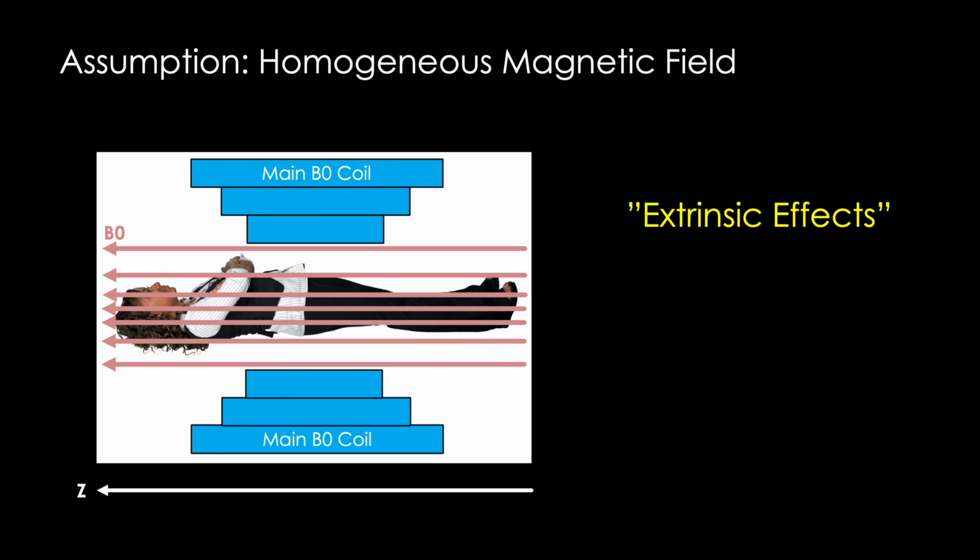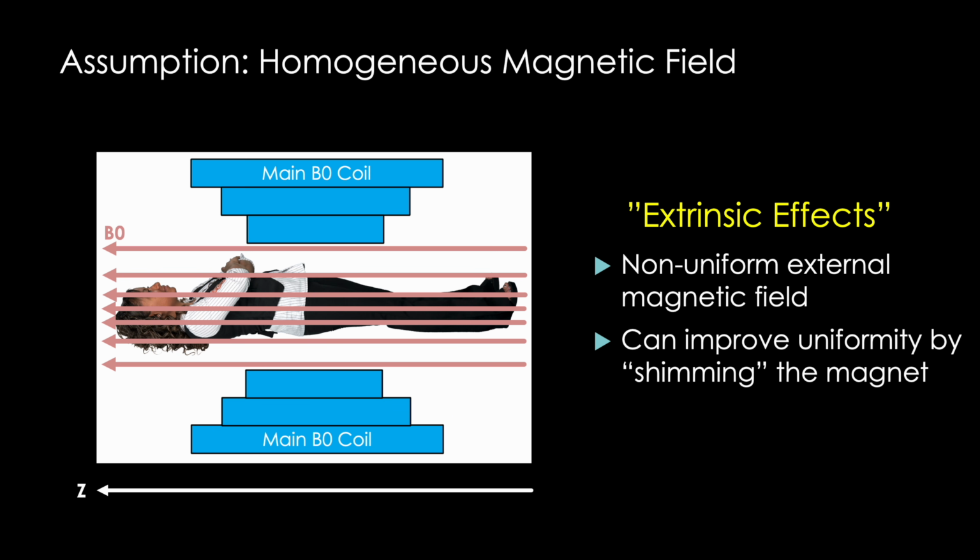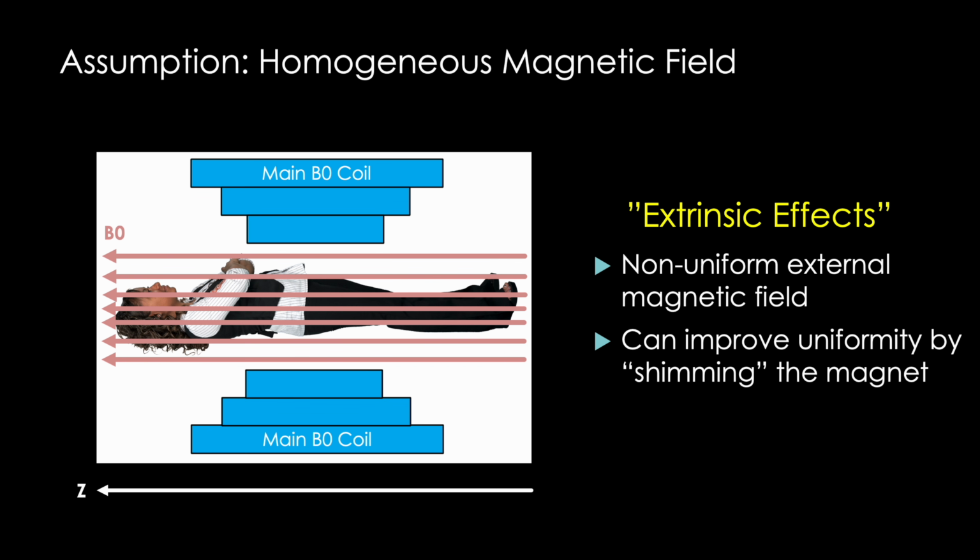These can be thought of as external or extrinsic effects, which more simply means we have a non-uniform external magnetic field shown here. If this is leading to issues in image quality, we can sometimes improve the uniformity of the field by what we call shimming the magnet, a term some of you may have heard before. This improves field uniformity as shown here.